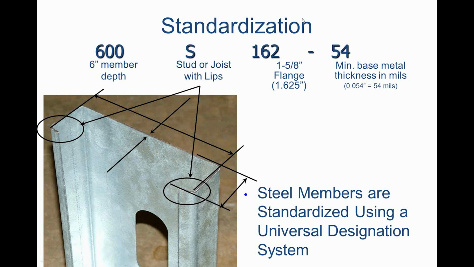This is a number that is often confusing to some, because this is not the design thickness. So if you're an engineer, this is not your design thickness. This is the minimum delivered thickness as specified, which is 95% of your design thickness, per AISI S100.